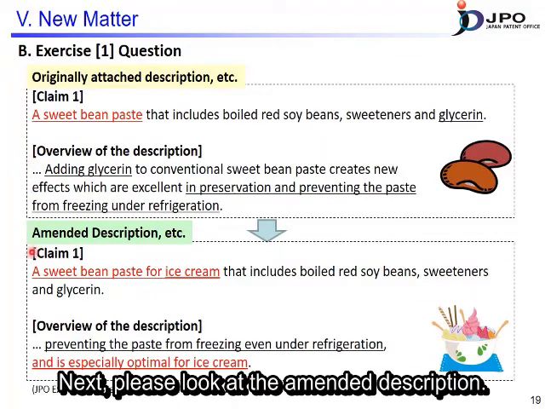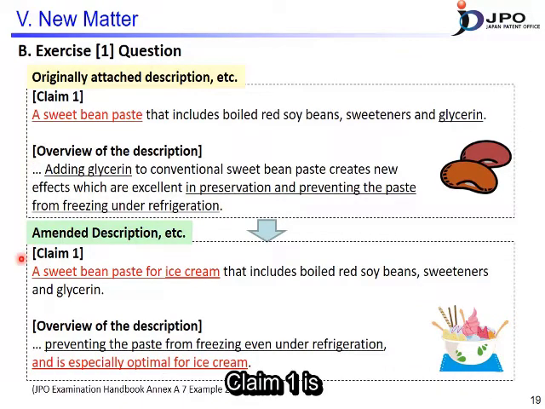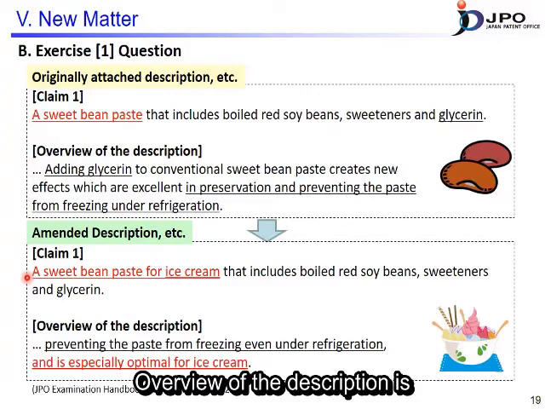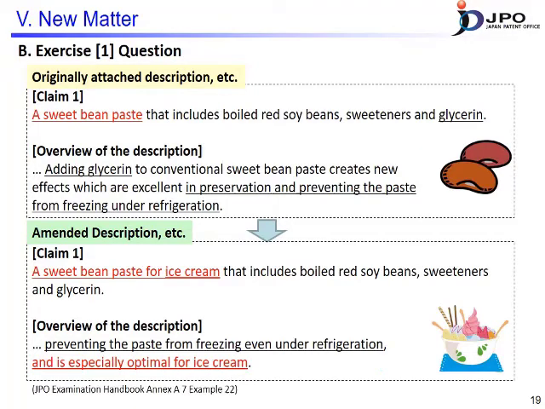Next, please look at the amended description. Claim 1 is a sweet bean paste for ice cream that includes boiled red soybeans, sweeteners, and glycerin. And overview of the description says preventing the paste from freezing even under refrigeration and is especially optimal for ice cream.